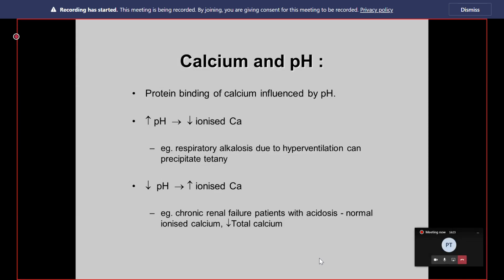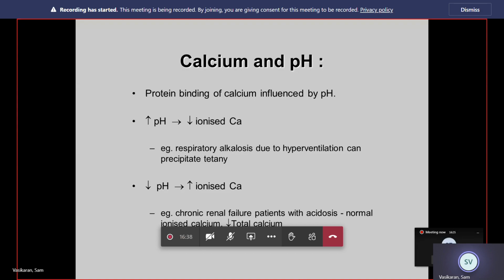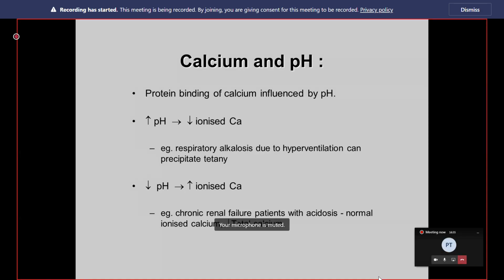Now, the relationship between total calcium and ionized calcium is dependent, among other things, on the pH. So when the pH goes up, in alkalosis, ionization goes down. Even if the total calcium remains the same, ionization goes down, or more calcium is bound to protein.